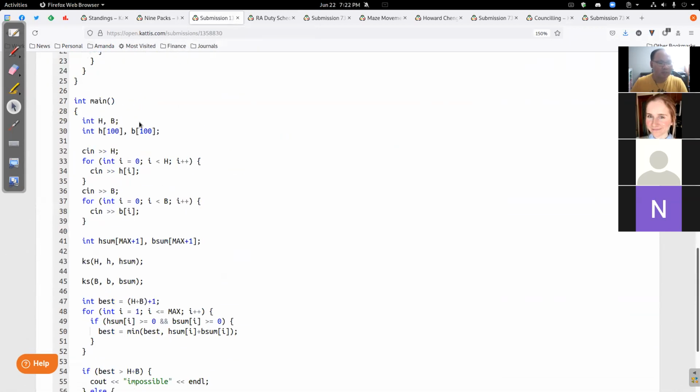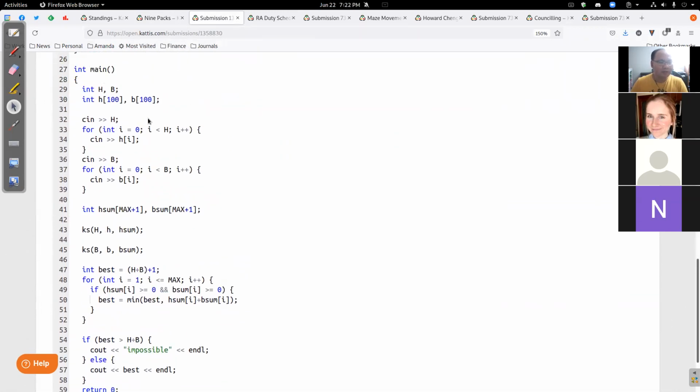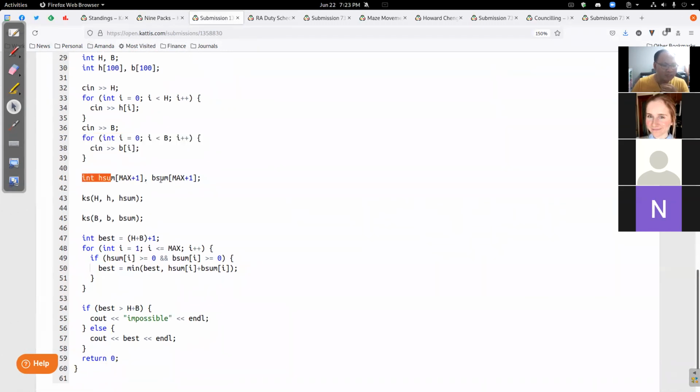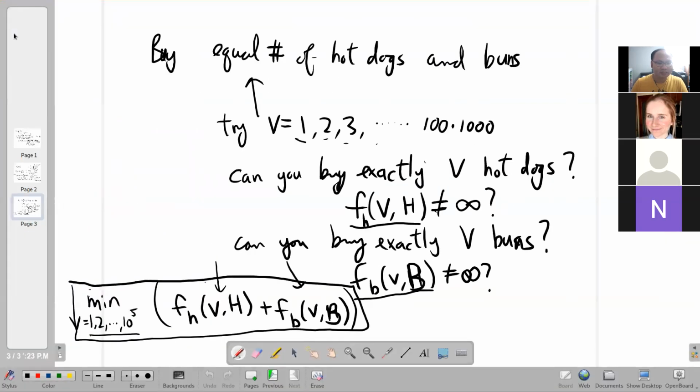Okay, so I read in the different packages of hot dogs. I read in the different packages of buns. Then I have this array, which is my knapsack array. Now, the way that I show you the function here, I have a two-dimensional function.